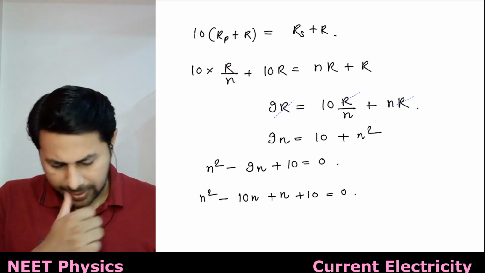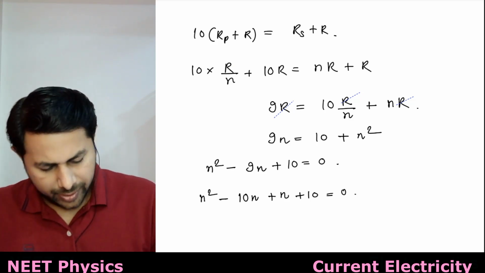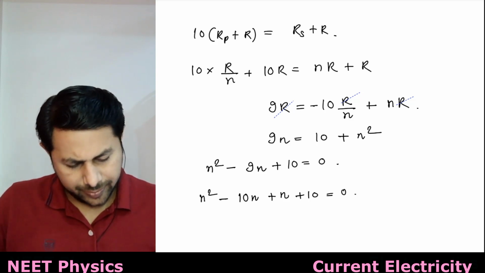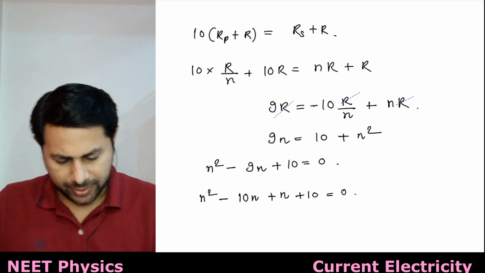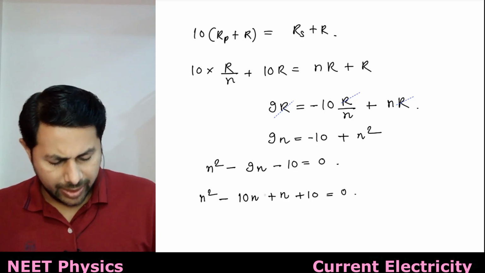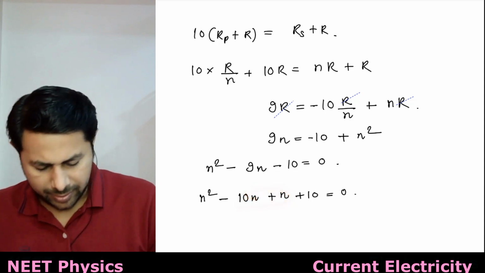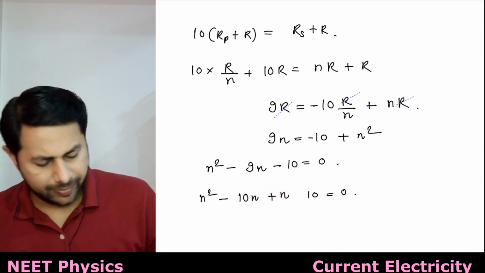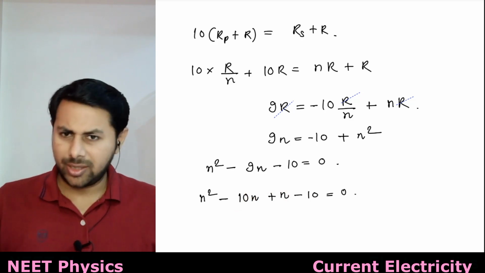Yes, this will be negative on that side, right? So this is minus 10, and then we can factor it out. n square minus 10n, then the product will be equal to minus 10. So there was a mistake of a negative sign.